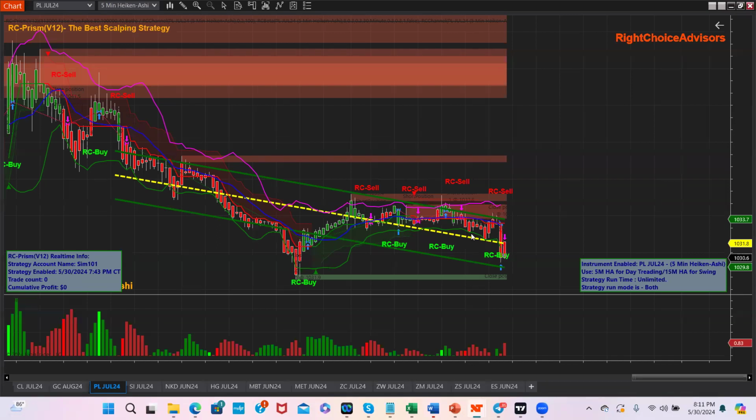Everything is looking very choppy today. This is also, if we get a sell at the top, that is good, but it is close to the bottom.